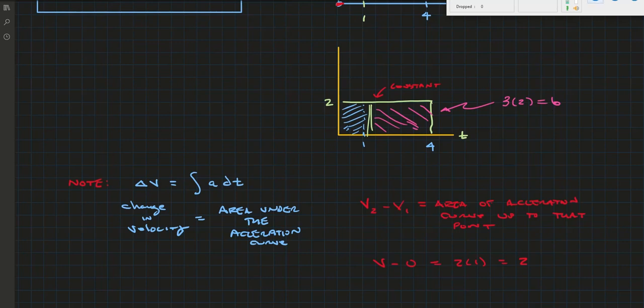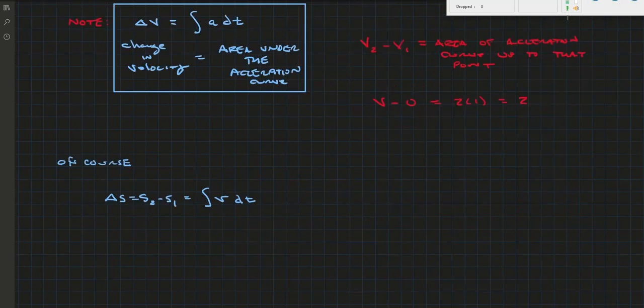to check your work. The change in our position, s2 minus s1, equals the integration of velocity, so the area under the velocity curve.